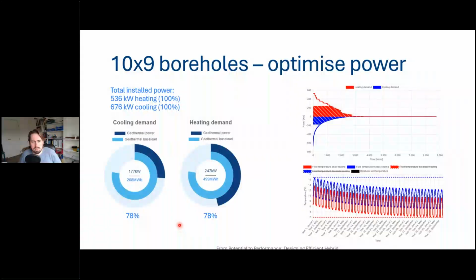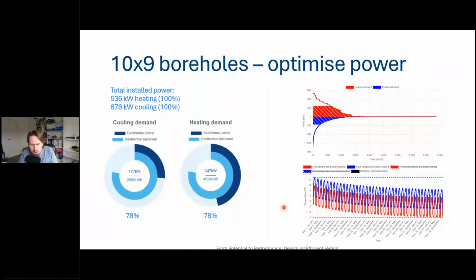And we have 100% of our building demand also installed. So we have 536 kilowatts in heating installed, of which 247 geothermally, and the other part is with our hybrid system and the same in cooling.